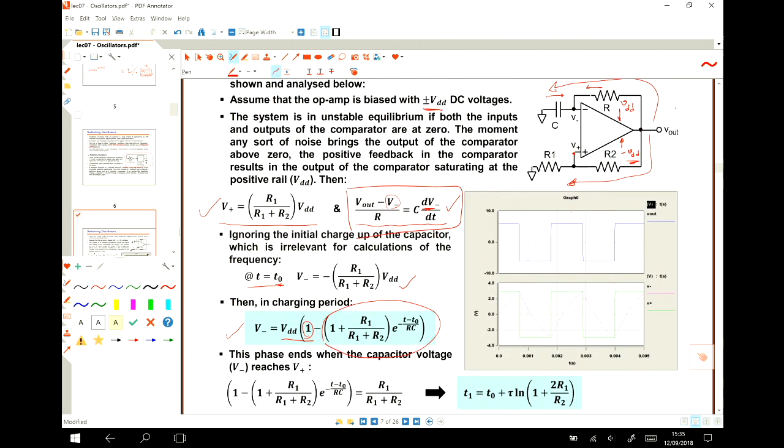No, the V out is assumed to be minus VDD. In the charging period, the initial condition is minus VDD for V out. So you have to put V out as minus VDD and then solve this differential equation. Clear?